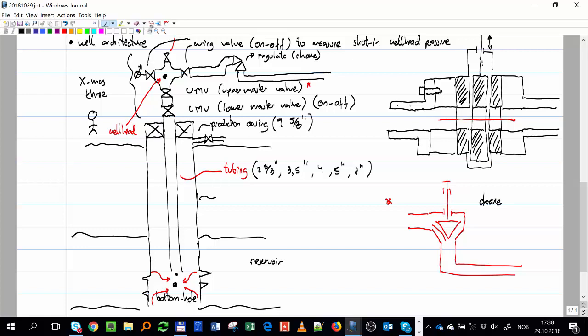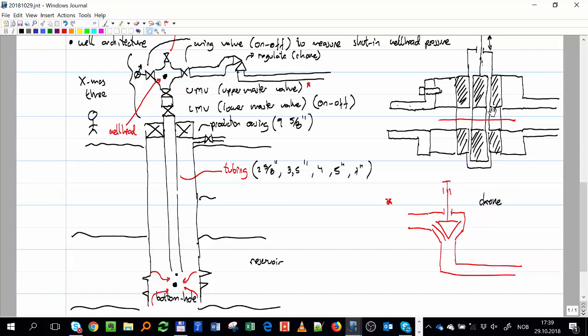Okay, and keep this in mind about this type of valve. When we move it up or down, we should have a pressure balance. If the valve is closed, these two areas are in contact. So when you have a high pressure on one side and a low pressure on the other side, you have a lot of friction.